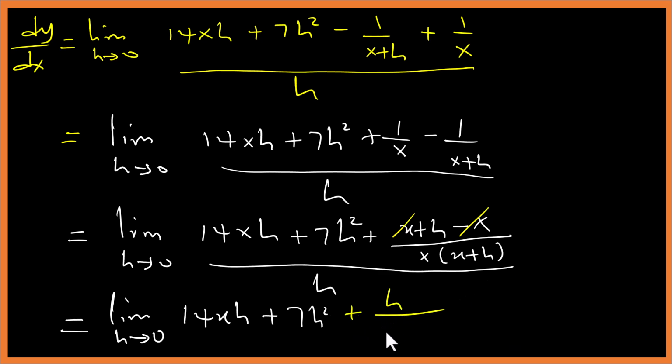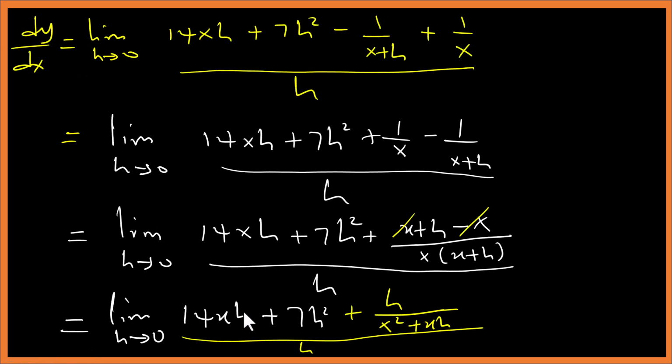So let's expand this: x squared plus xh, all over h. Now from here there is something very important. We need to take h out on the numerator so that it will cancel this one.